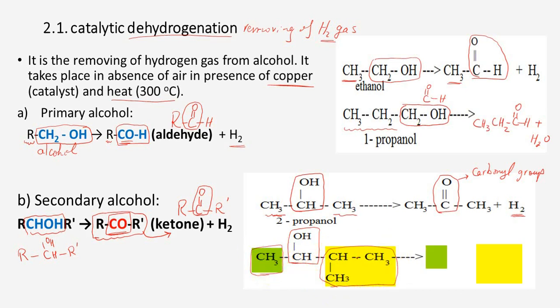So the product will be CH3, the first carbon atom, the methyl group. I change the functional group CHOH into a carbonyl group C double bond O, and the remaining part will remain the same, CH3 and CH3.